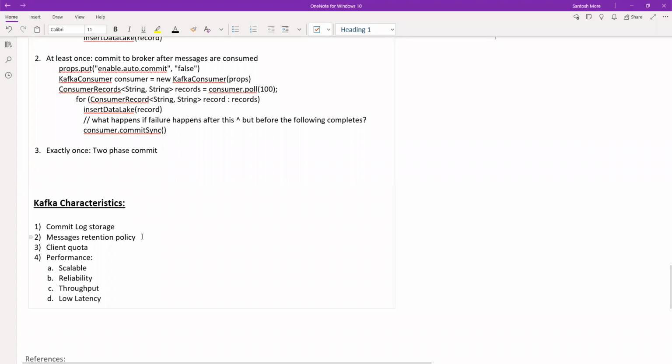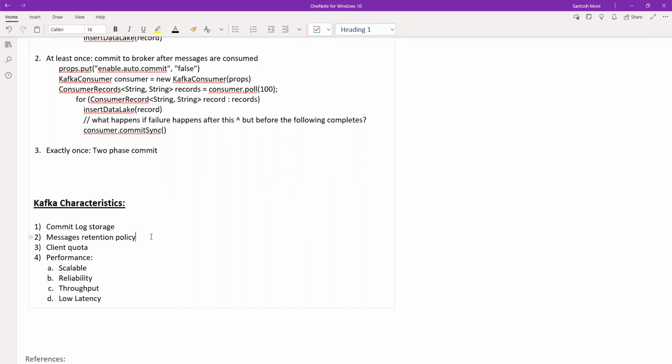Okay. If not, then the second characteristic here is the retention policy. We all know that Kafka retains records for a very long time, and it has different options. You can select based on time, how long you want to keep the records, maybe days, hours, or even forever. But if it is forever, then it is limited by the storage limitation based on the hardware resources.